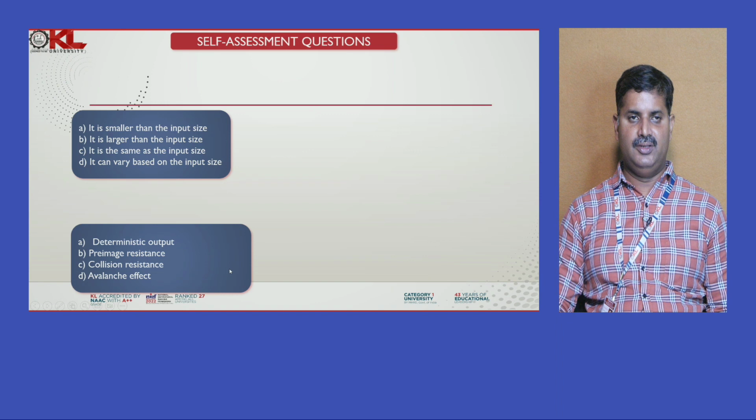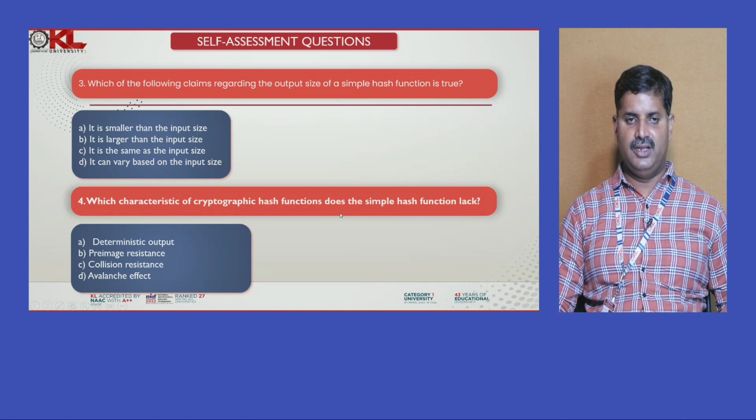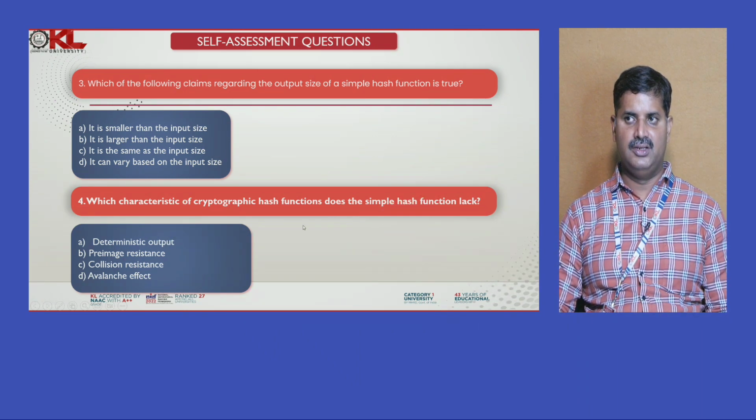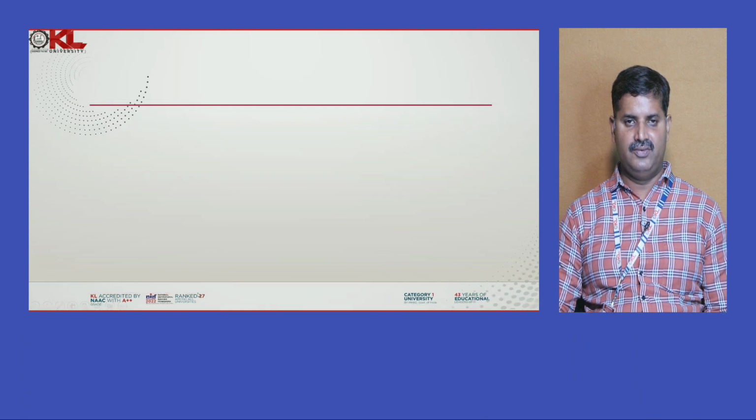Third: which of the following claims regarding the output size of a simple hash function is true? It is larger than the input size. Fourth: what characteristics of a cryptographic hash function does the simple hash function lack? Deterministic output, preimage resistance, collision resistance, avalanche effect.